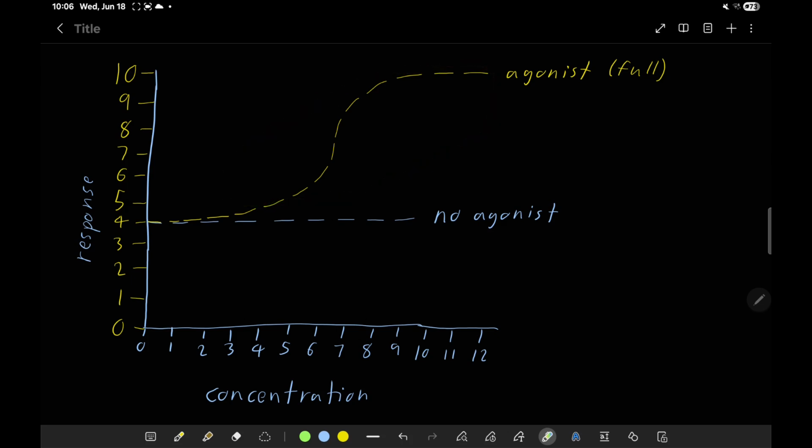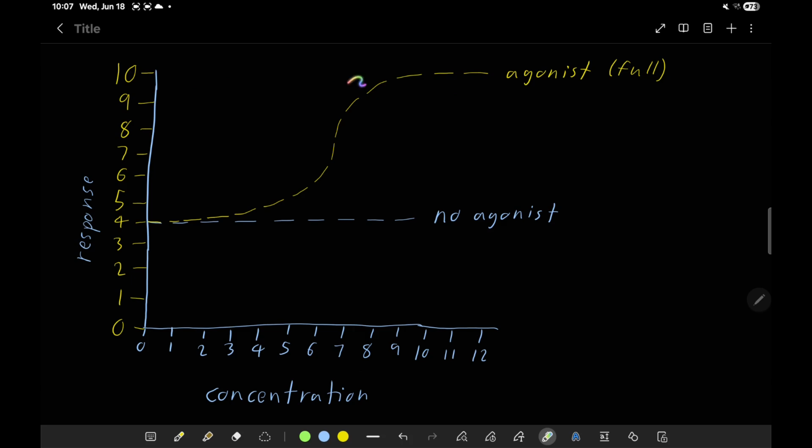As you add more and more agonist, slowly response starts to increase, and then it starts to pick up, and then it increases very sharply, and then as you continue to increase concentration, the response increases at a slower rate, and eventually it plateaus, and it hits this maximum response level above which it cannot increase anymore.